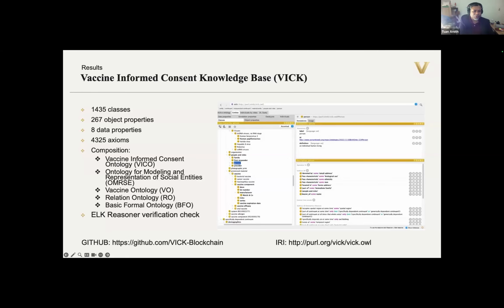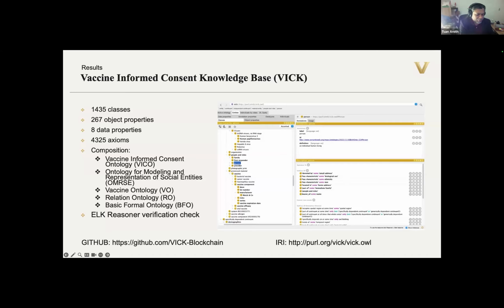So we published the latest version of Vic on our GitHub repository. To access the latest version, we have the IRI that's provided there, as well as our GitHub project page that includes the Vic knowledge graph, as well as the semantic blockchain, which I'll talk about a little later.